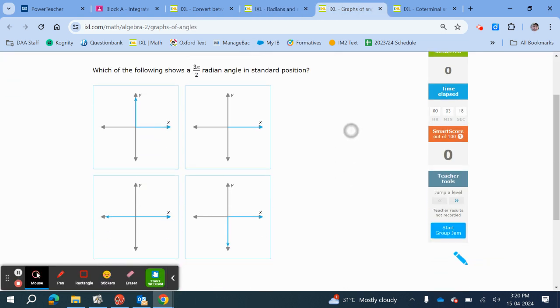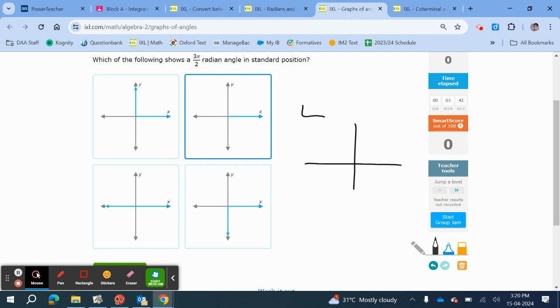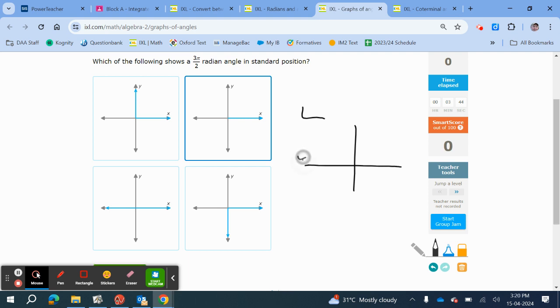Okay, you get the idea for that one. Which of the following shows 3 pi over 2 radians in standard position? Always remember the thing to remember in the unit circle is that one half rotation is pi.